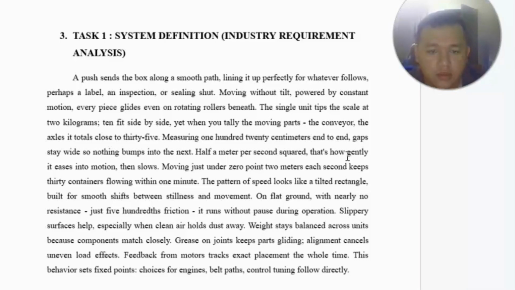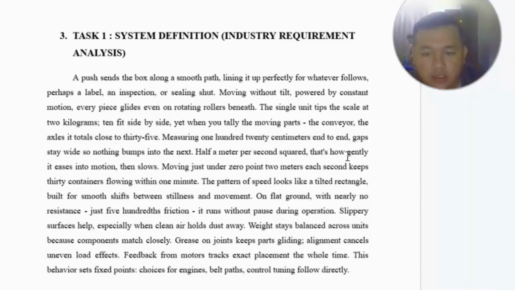Measuring 120 cm end to end. Gaps stay wide so nothing bumps into the next. Acceleration is half a meter per second squared, which is how gently it is put into motion, then it moves slowly at just 0.2 meters each second.